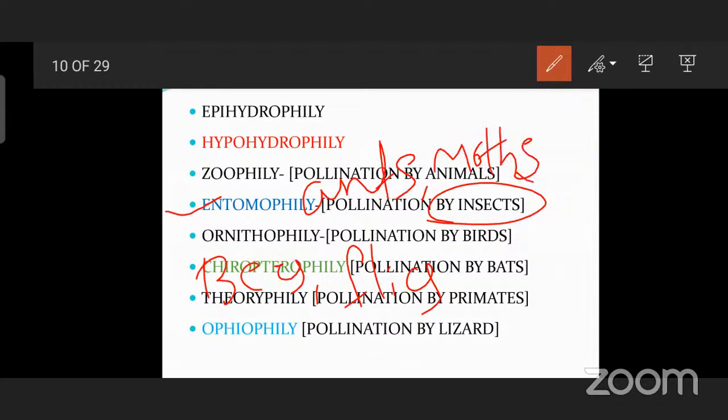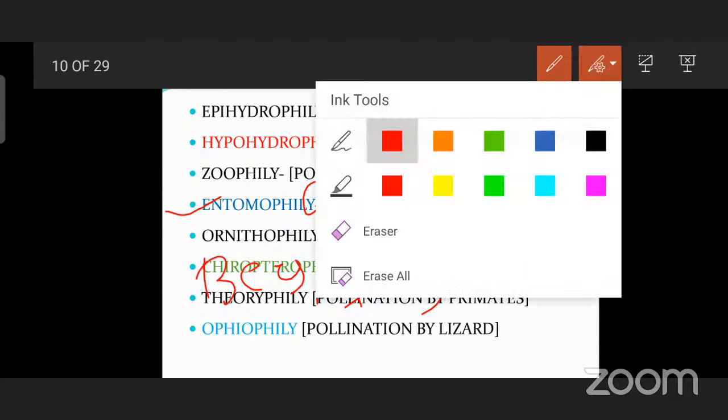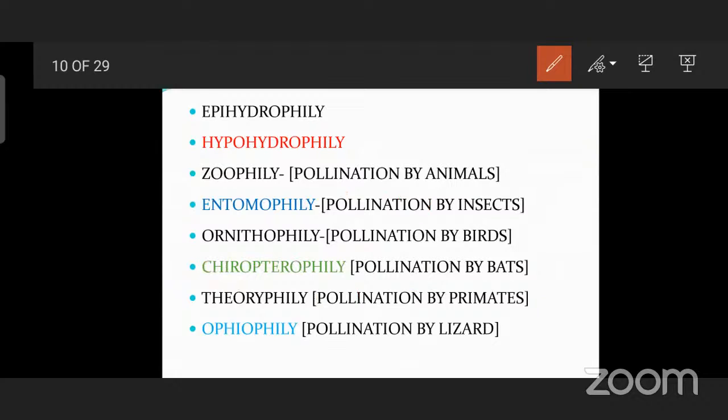These pollinations by insects are entomophily. And the next agent of pollination is ornithophily. Ornithophily pollination occurs by birds, for example sunbirds and hummingbirds.